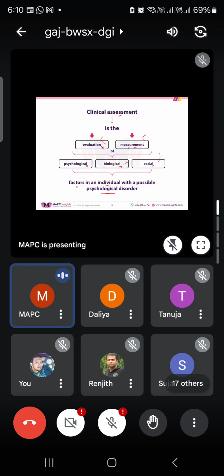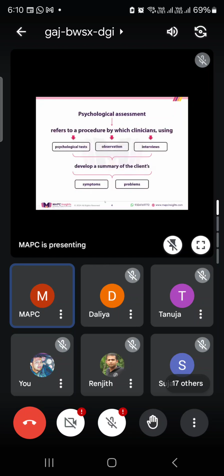The person who is having some mental problem. So we evaluate and measure these factors in the clinical assessment. Psychological assessment refers to the procedure by which clinical psychologists use the psychological tests, observations and interviews to develop a summary of clients' symptoms and problems.